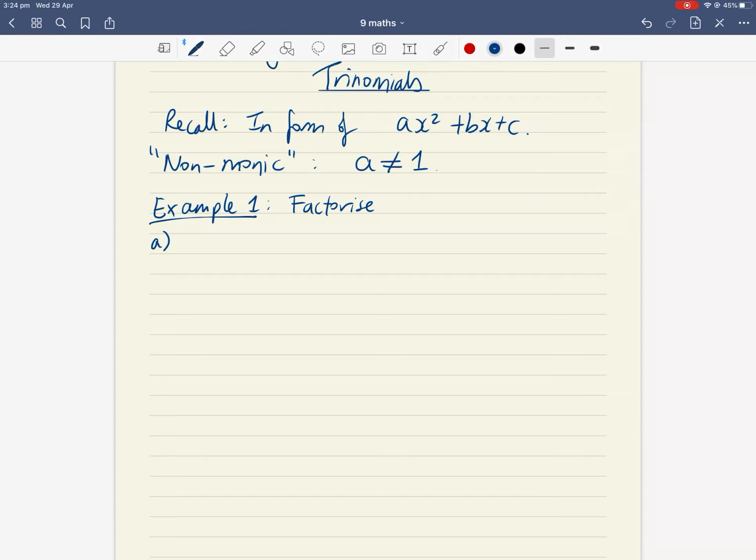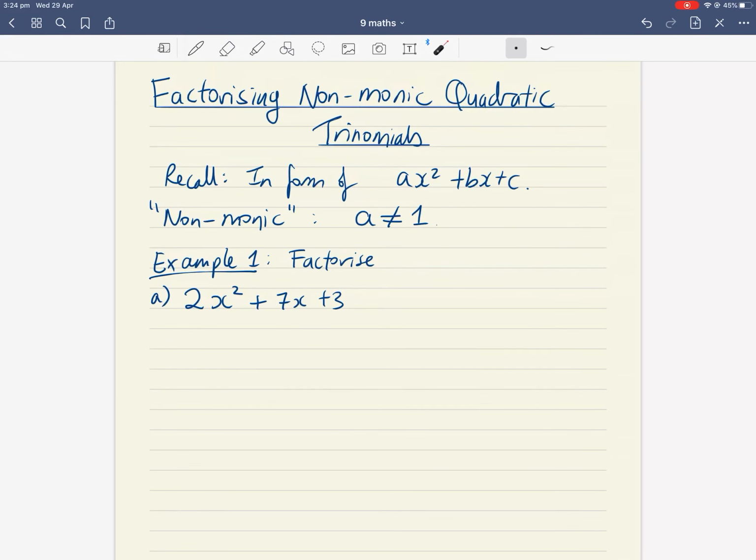The verb is to factorize, so we want to write it as brackets multiplying by each other. The expression we want to factorize is 2x squared plus 7x plus 3. So it's a trinomial because there are 3 terms, 2x squared, 7x, and 3. It's a quadratic because our highest power of x, our variable, is 2.